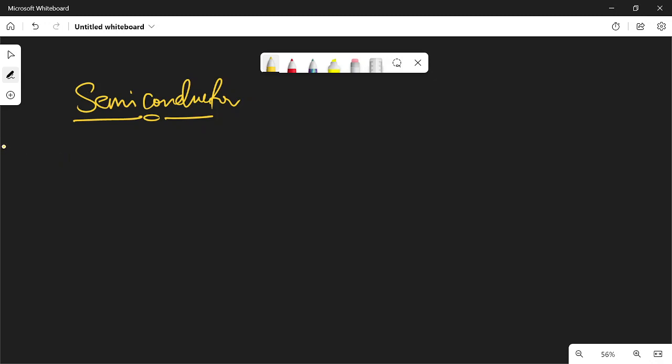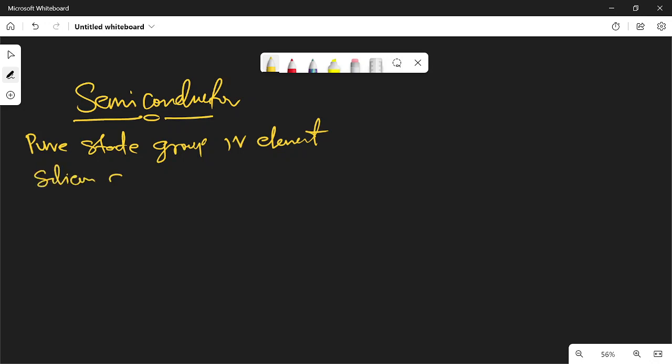So when you have semiconductors in their pure state, you call them group 4 elements. And when you talk about group 4 elements, examples are silicon and germanium.